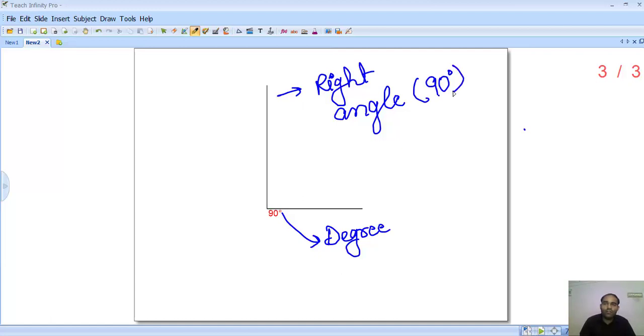This is a small 0 above the angle. What is the value of this angle? 90. And what do we call a 90-degree angle? Right angle. A 90-degree angle has a specific name, and it is right angle, and its value is 90-degree.